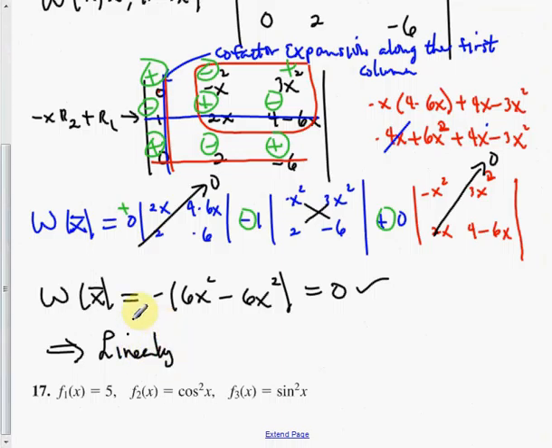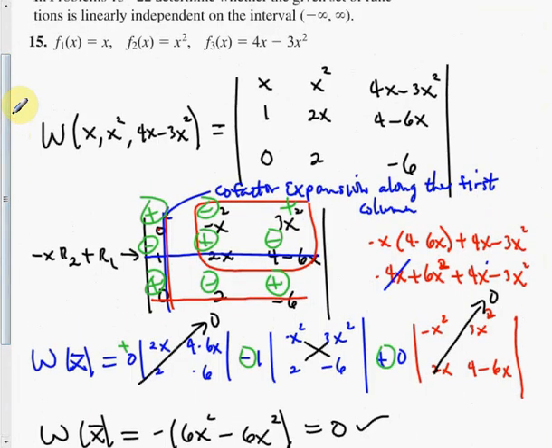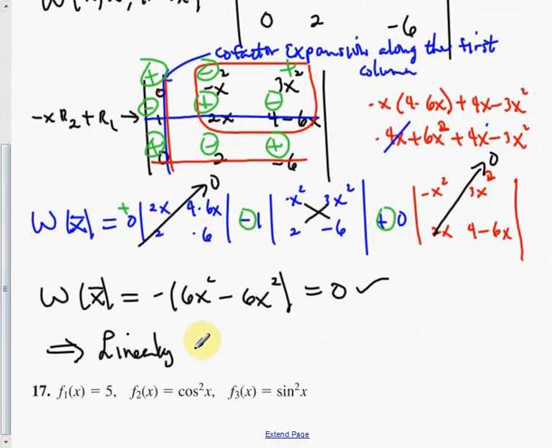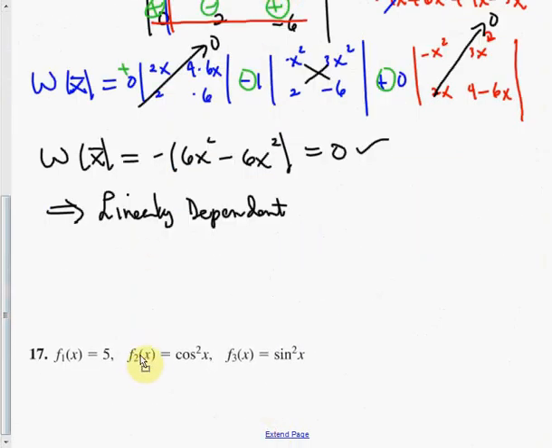Now, however you get that is fine, because I could have come here, and let me go back and do something else, and I'll show you. Linearly dependent. I could have done this, and it would have been fine if you had done that.